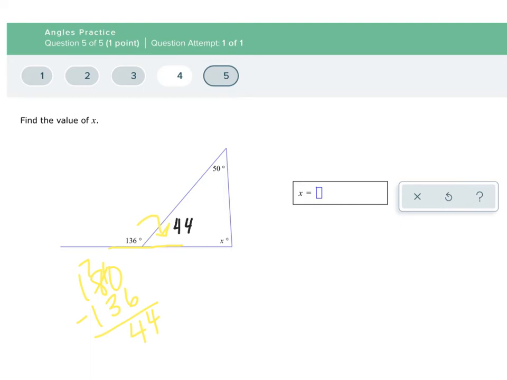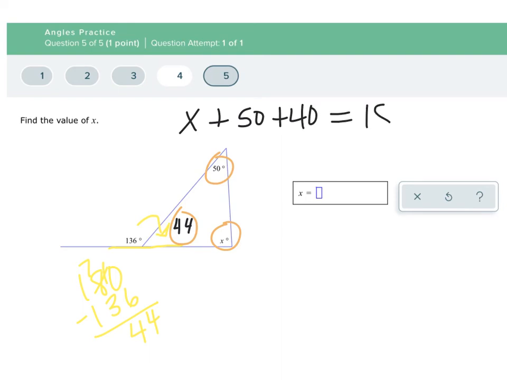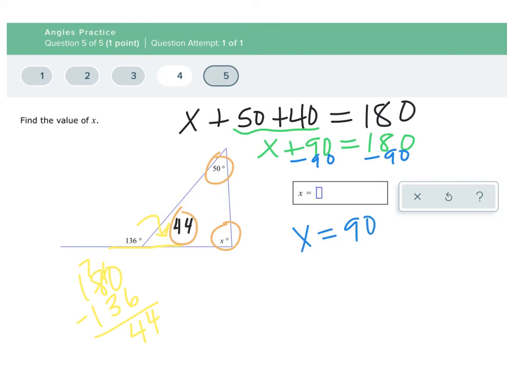And now all three of these should add up to 180. So it would be x plus 50 plus 40 equals 180. And that's 90, so x plus 90 is 180. What plus 90 is 180? If you're not sure, subtract 90 from both sides, and x would be 90.